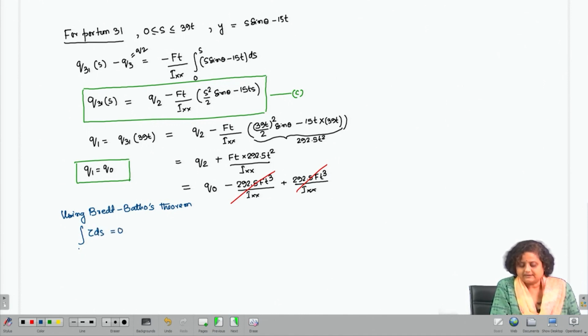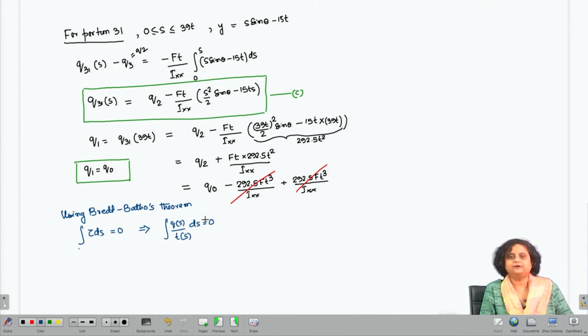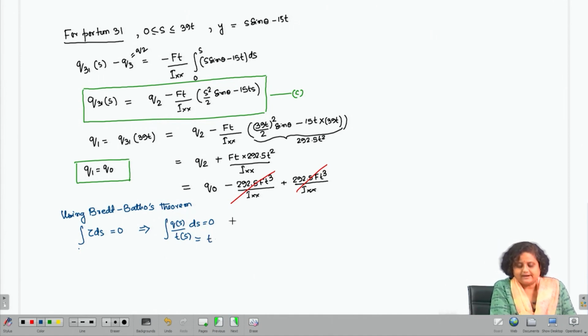Now, tau ds can be written as Qs by T into ds equal to 0. For this particular example, our thickness is uniform and equal to T. Therefore, we finally can say that the integral of Qs ds is going to be equal to 0.